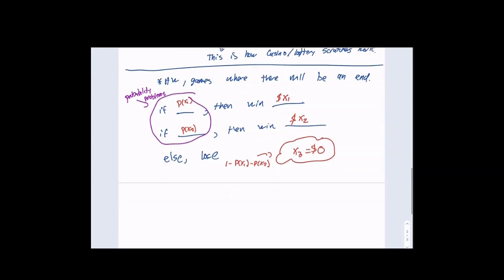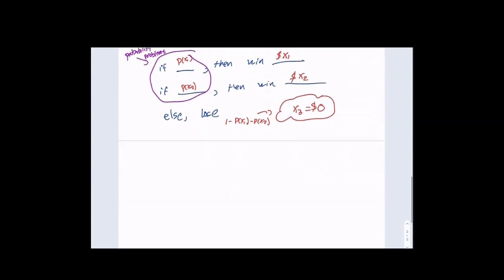Let's do basically the first problem together. In this example, from your homework, I'm going to start you off with the first problem. I'm not going to finish it for you. The game goes that you're going to roll a die. Actually, let me change the numbers here just to change it up.